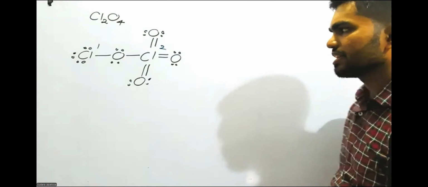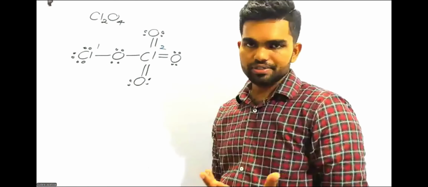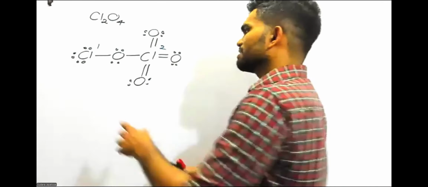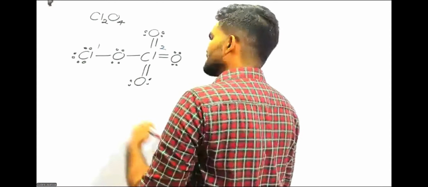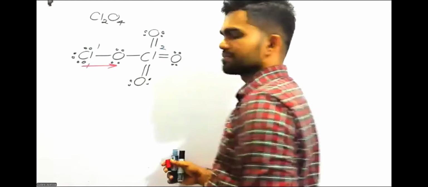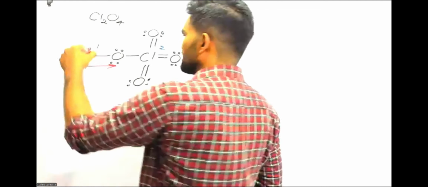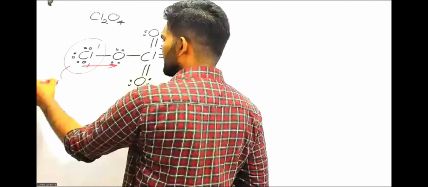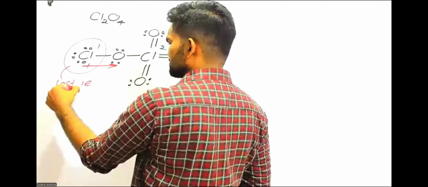Oxidation states. So how do we decide this oxidation state? It purely depends on the electronegativity differences. Now, if you consider this chlorine and oxygen making a single bond, the single bond electrons are attracted more towards the oxygen. So in that way, we can say the central chlorine lost 1 electron partially.